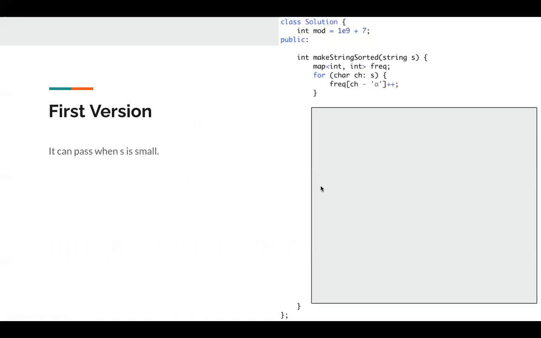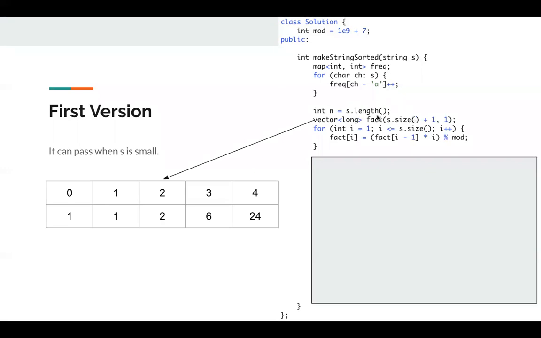Okay, so let's take a look at our first version of the implementation. First, I defined mod as this number, as the problem required. And we count the frequency here, just a for loop over each character to count the frequency. Then we pre-process to build the factorial table so that we can speed things up a little, since we will calculate the factorial every time later.